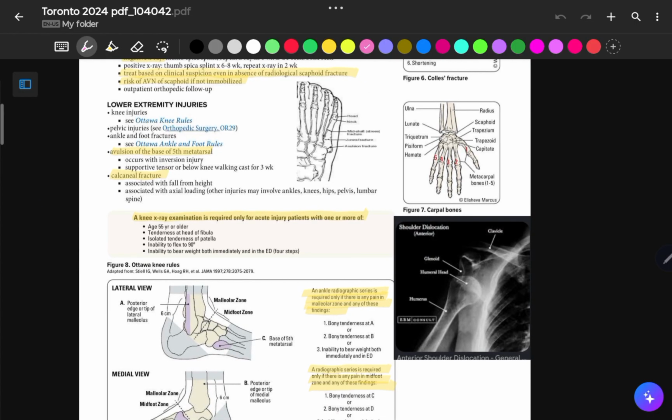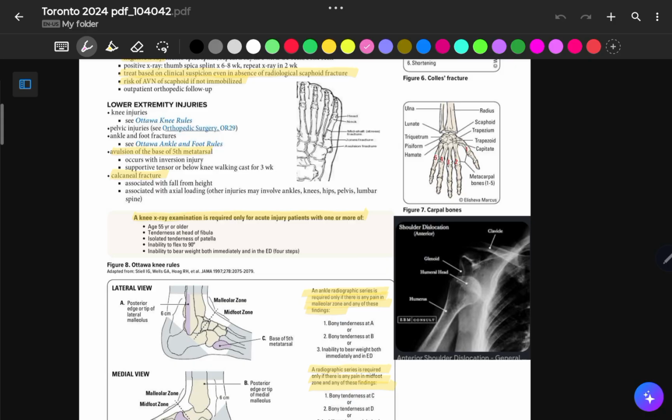For lower extremity injuries, we're looking at knee injuries. When we are looking at knee injuries, we need to follow our Ottawa knee rule. For ankle and foot fractures, you need to look at your Ottawa ankle and foot rules. Next is avulsion of the base of the fifth metatarsal.